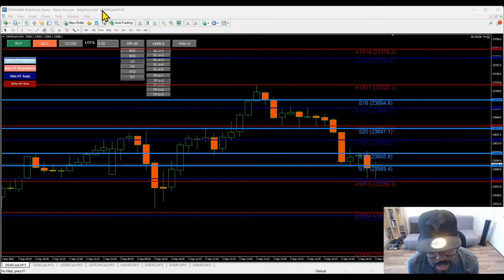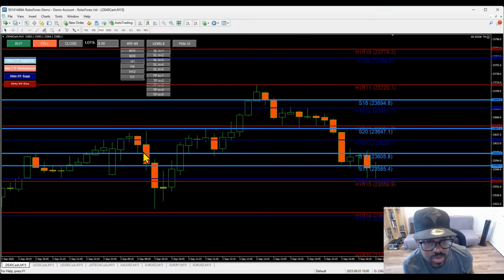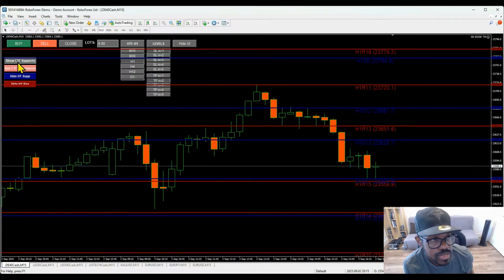But the second one was too late because of the levels that we had here on the support and resistance. So I'm just going to close this and show you those levels.